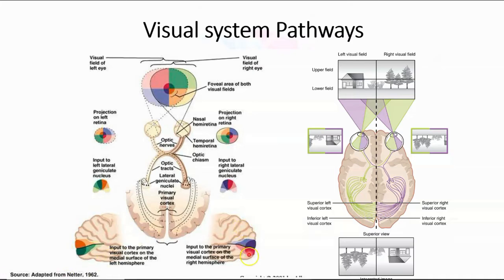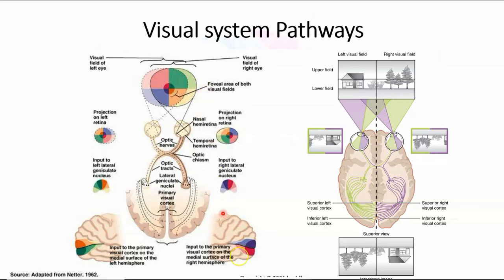The posterior parts of the striate cortex correspond to the fovea, and the anterior parts of the striate cortex correspond to the peripheral regions of the retina. The extent of the cortical area represented is reflected in the number of neurons in the retina.